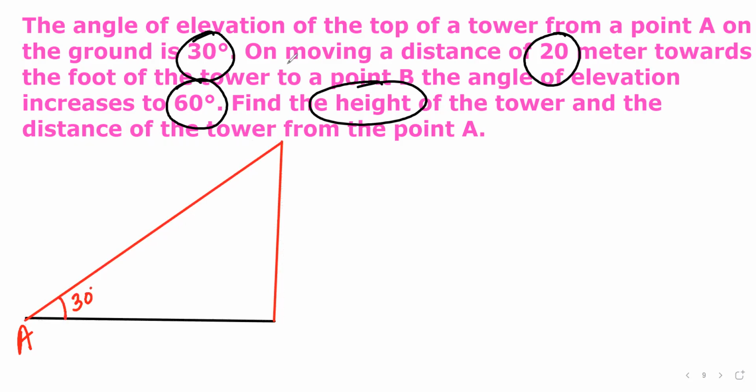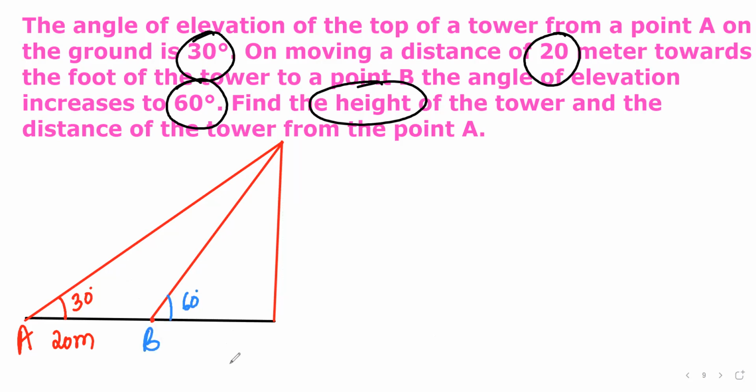All right. On moving a distance of 20 meters, I'll move from A to the point B towards the foot of the tower. Now the angle of elevation increases to 60 degrees.